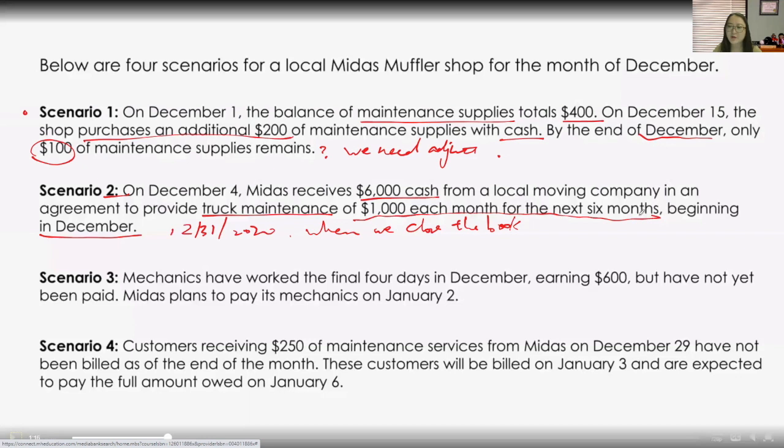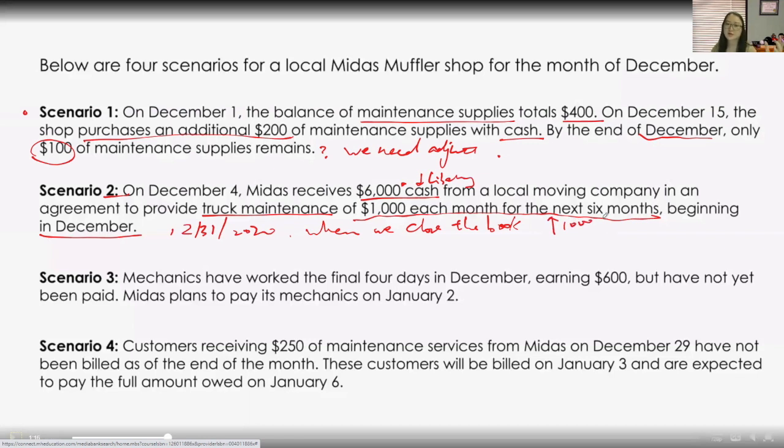However, we might have already performed 1 month of service, hence a portion of this $6,000 needs to be reduced, right? The liability should be reduced, and the adjusting entry is that revenue should increase by $1,000, right?